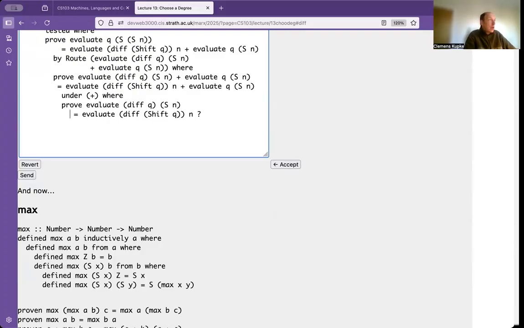Right. So I have to make sure that diff shift q, at n, takes the same value as diff q at successor of n. But by definition, that's the same thing as that.